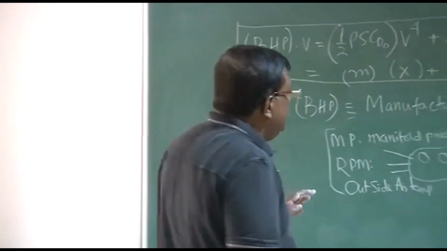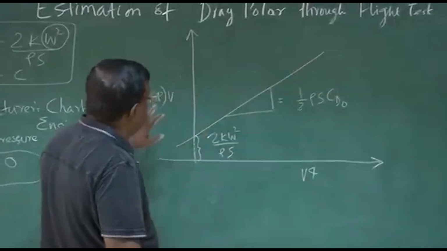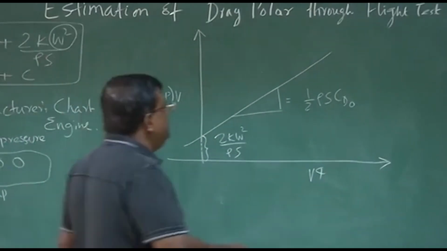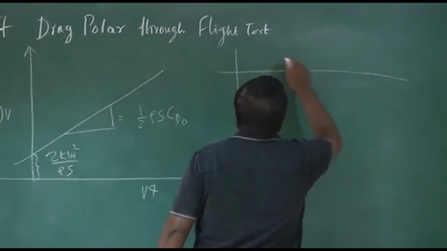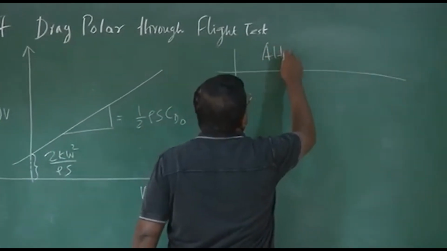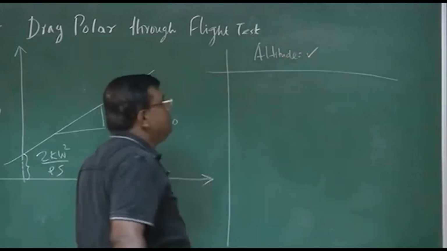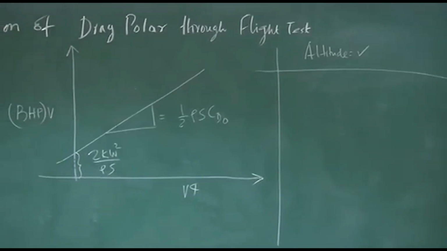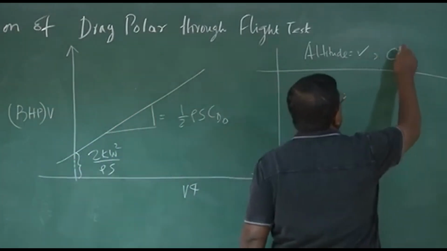This is the understanding. But how do I do it? Through experiment. Try to understand. We will go for a cruise flight, and then we note down the altitude. Who will give us altitude? The altimeter. It will give us pressure altitude. Don't forget that. Then I note down the outside air temperature.